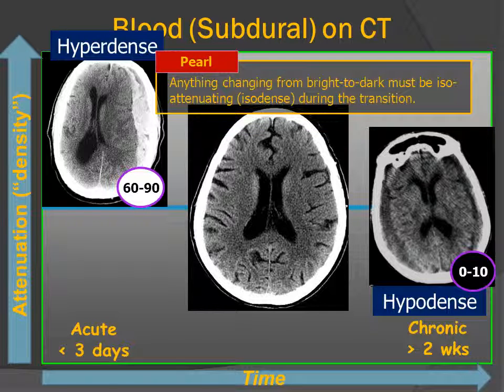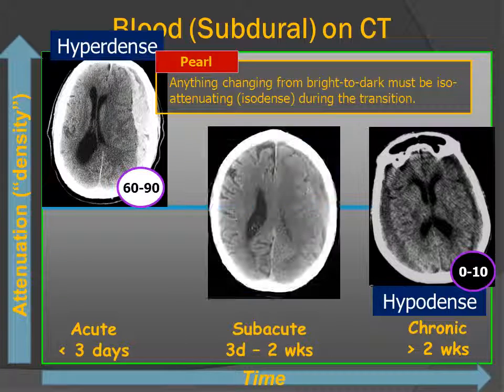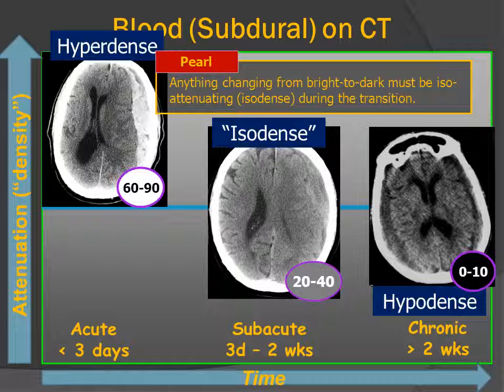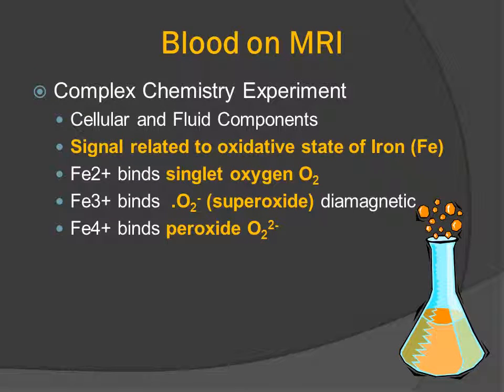Of course, if blood starts white and ends up being black, it must pass through a phase where it will have nearly the same attenuation or density as the adjacent brain. And this is the subacute appearance of a subdural hematoma, where it is nearly isodense to brain at about 20 to 40 Hounsfield units.